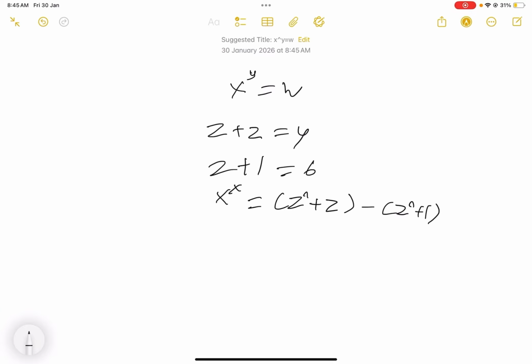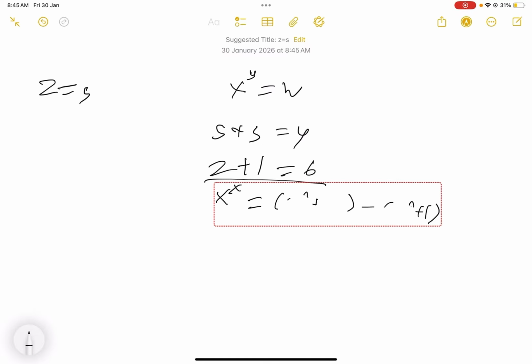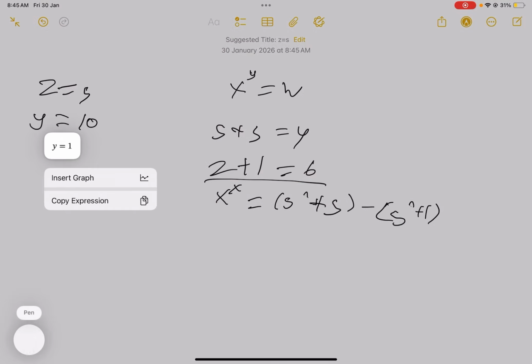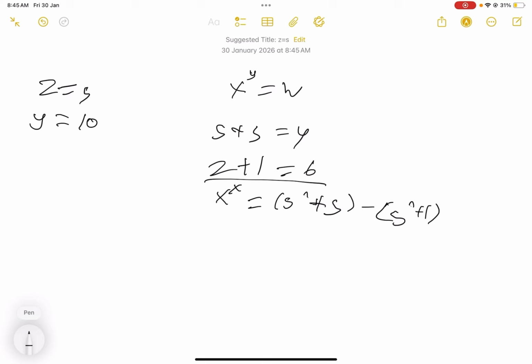We can solve this by solving for z, putting 1 on the other side, so z is equal to 5, and we can substitute all these for 5. 5 plus 5 is y, so we know that y is equal to 10.